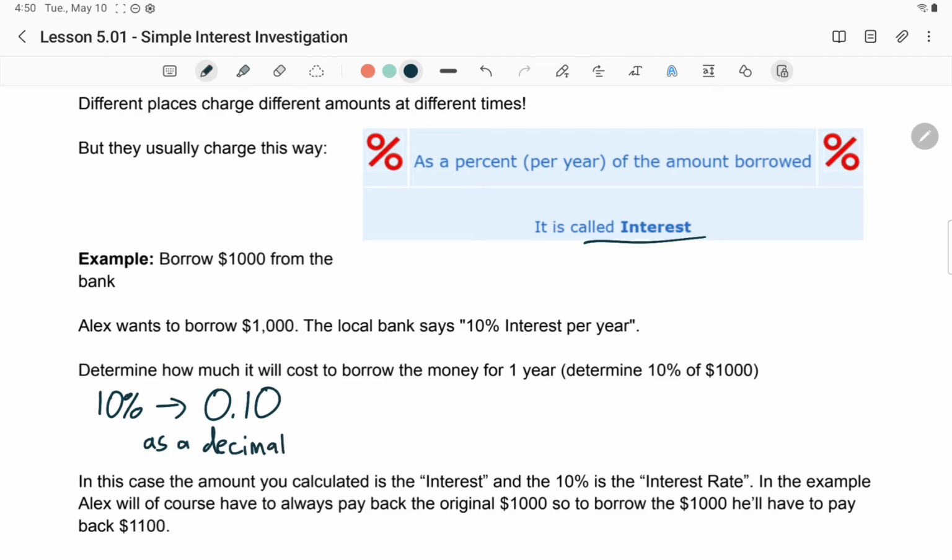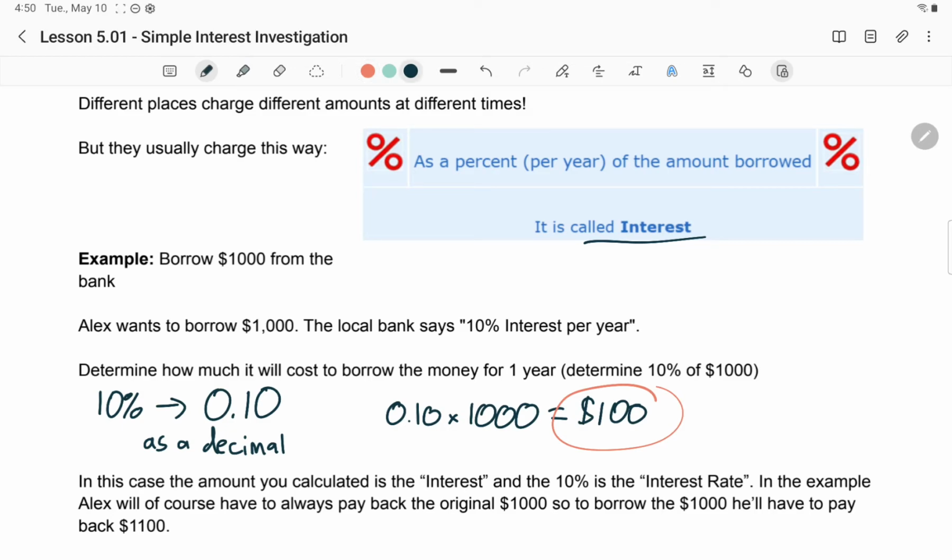Okay, once we have it as a decimal, in order to do 10% of 1,000, you just do 0.10 and multiply that by 1,000. And if you do that multiplication, you should get 100. So in total, it costs $100 to borrow that $1,000.